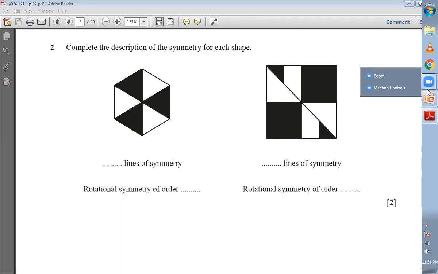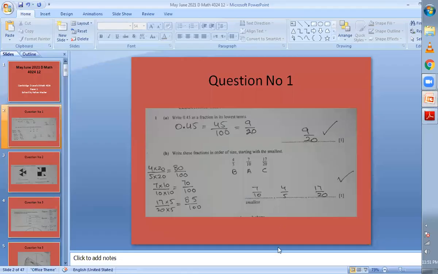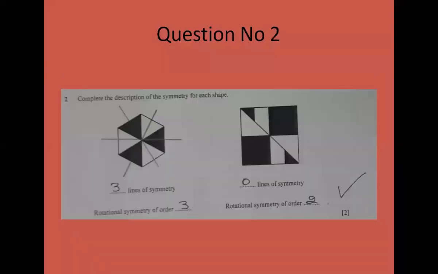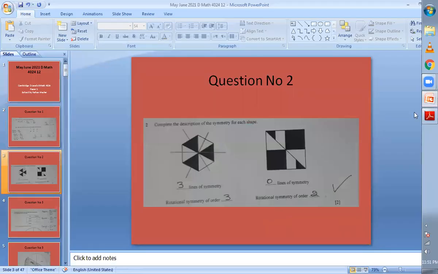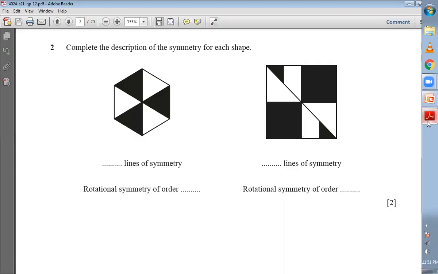So let me show you. In the first diagram, I have drawn the lines of symmetry. There are 3 lines of symmetry, and the order of rotational symmetry is 3. Here, there is no line of symmetry, and the order of rotational symmetry is 2.